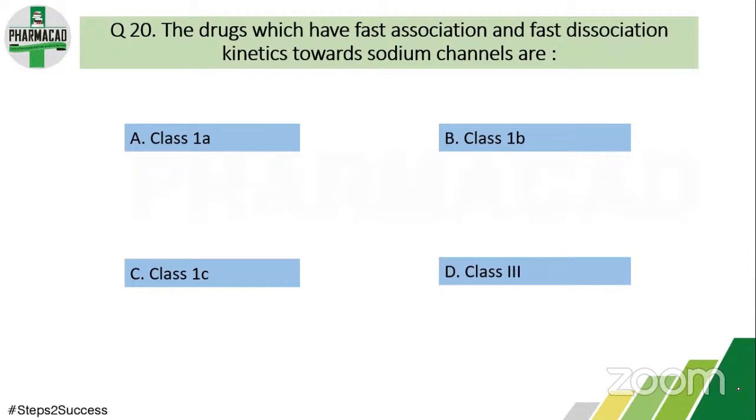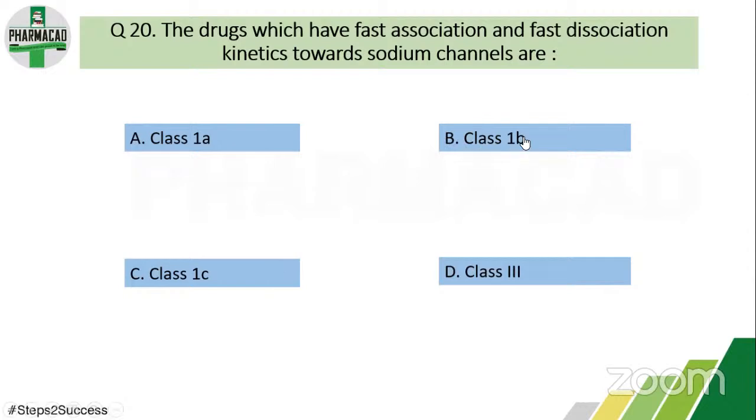So firstly, if you know the classification well again, you know that class 1 belongs to sodium channel blockers. So D will be excluded from your answer because class 3 were potassium channel blockers, and we are here looking for sodium channel drugs. So class 1A, class 1B, and class 1C are your three options left.